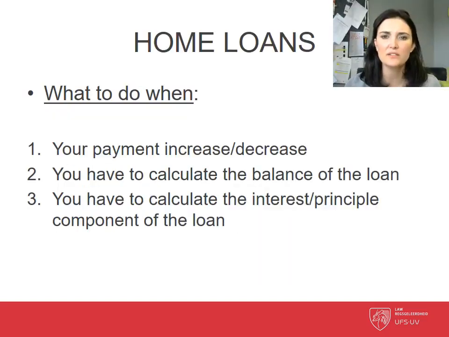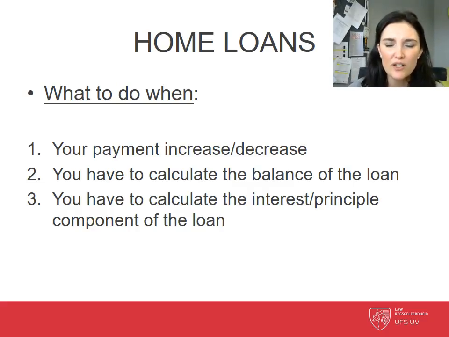One of the most well-known annuity calculations in our daily lives is basically a calculation of either a car loan or a home loan. Now, in terms of home loans specifically, because it's easier for us to understand, you can use your calculator to work out what would happen if you decide to increase or decrease your monthly payments.